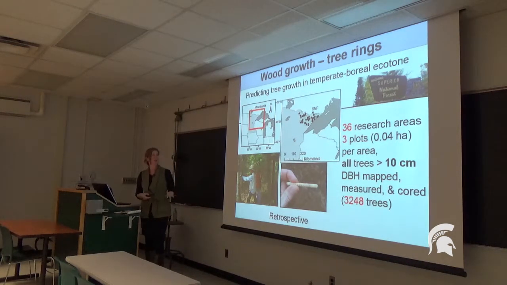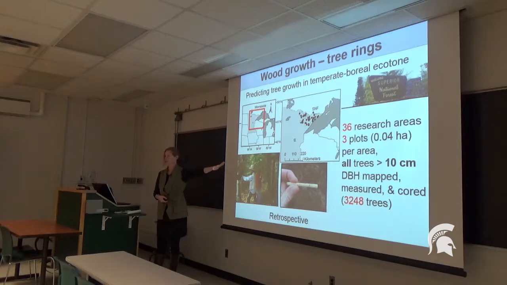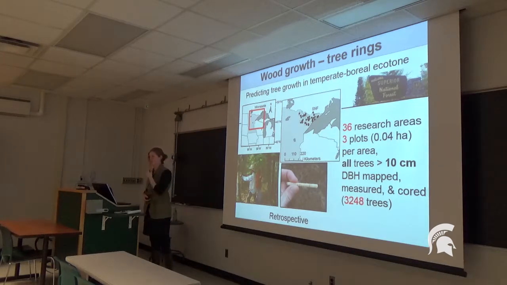A lot of my postdoctoral research has focused on working with large tree ring data sets that were collected in different parts of the country, but I focused mostly on this data set in the Superior National Forest in northeastern Minnesota. These were collected in 2010, and they were part of a large-scale forest monitoring program for the national forest there.